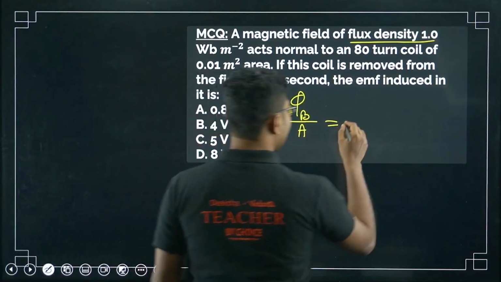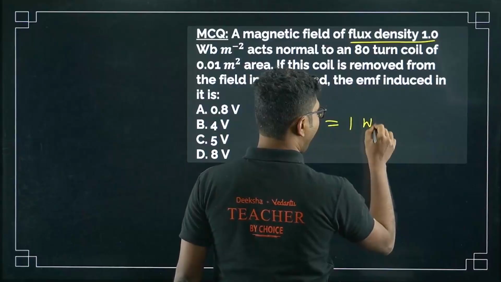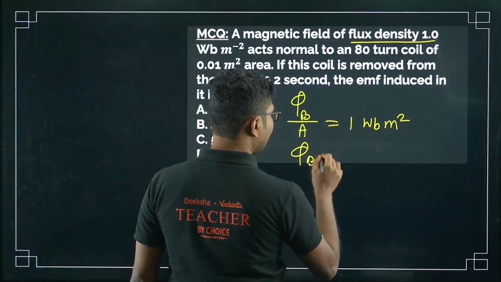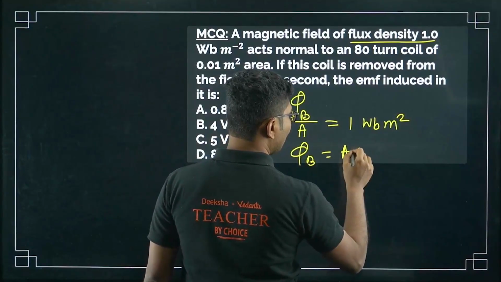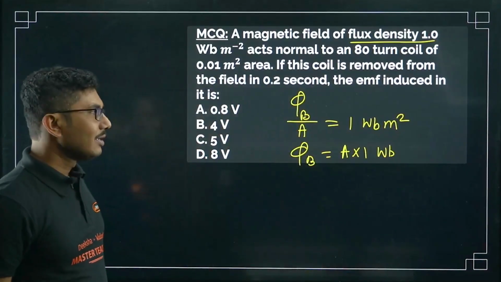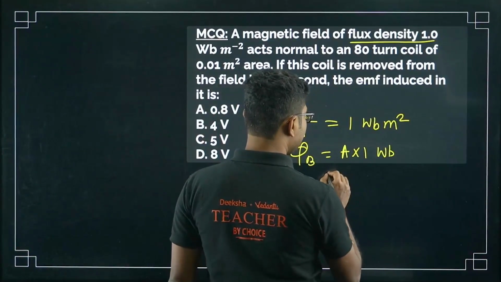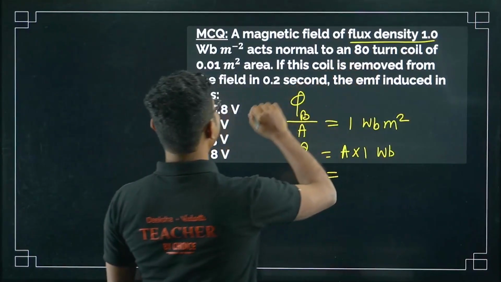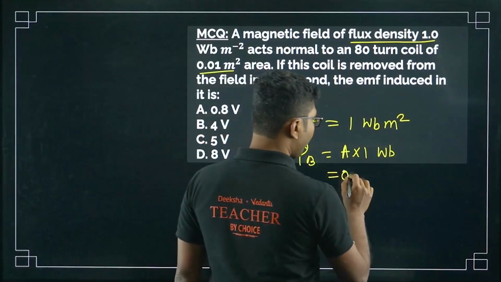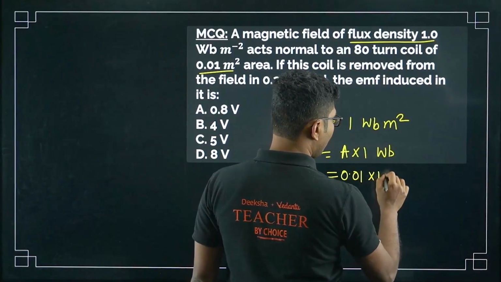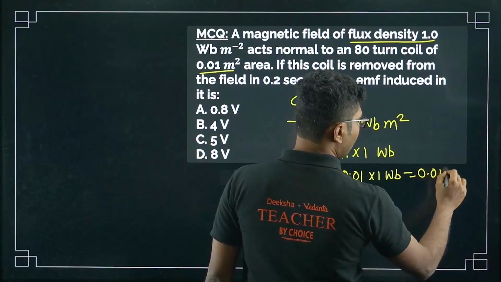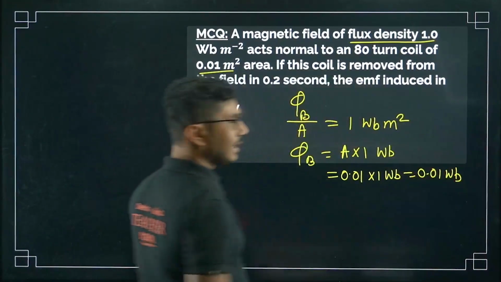So what is the flux? Flux will be A into 1 Weber, right? So the unit of flux is Weber. What is the area? Area given here is 0.01 meter square. So 0.01 into 1 Weber, that is 0.01 Weber. That is the flux linked with the coil.